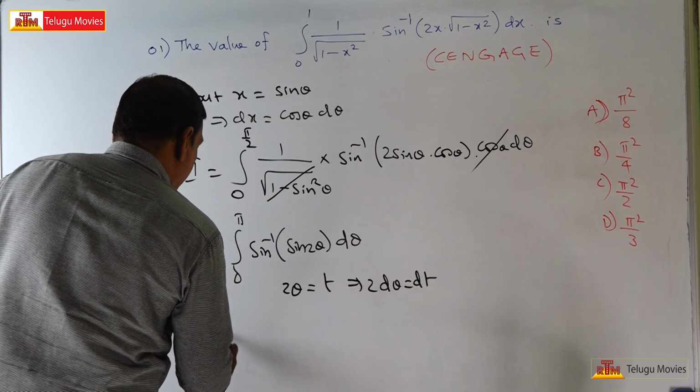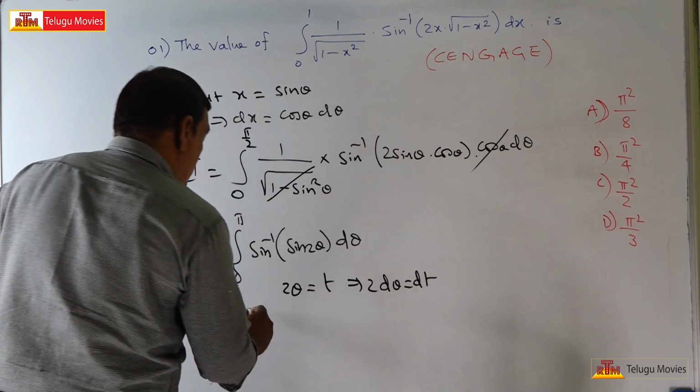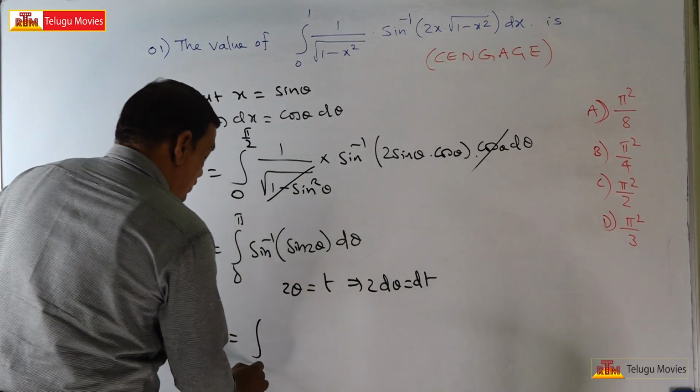Your problem will become, if theta is equal to 0, t is also 0.